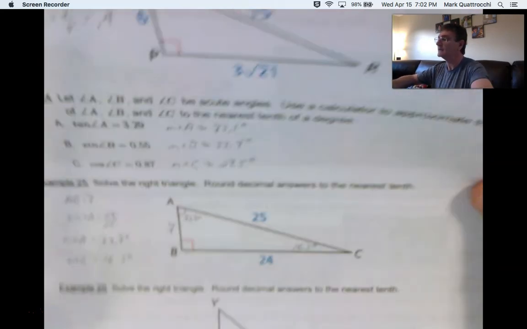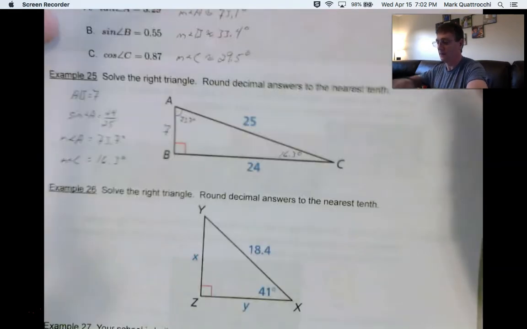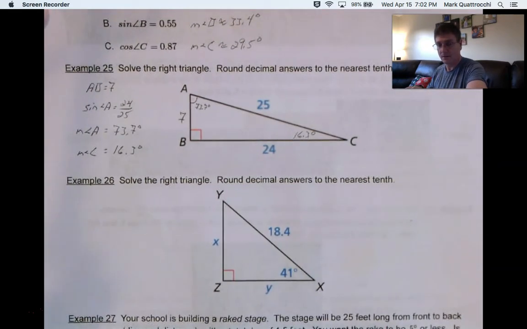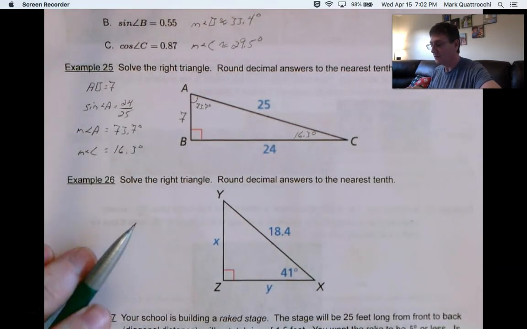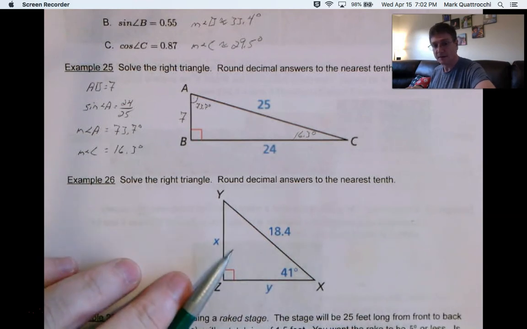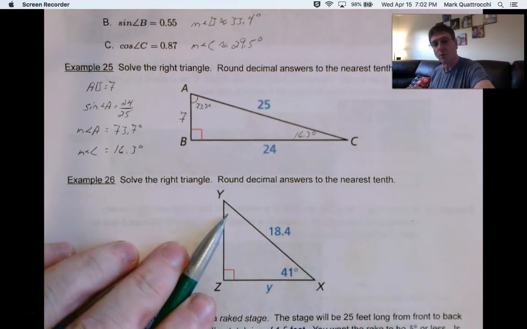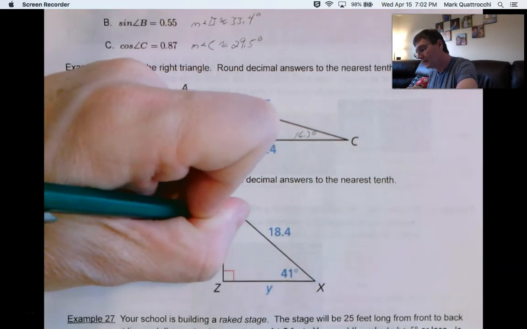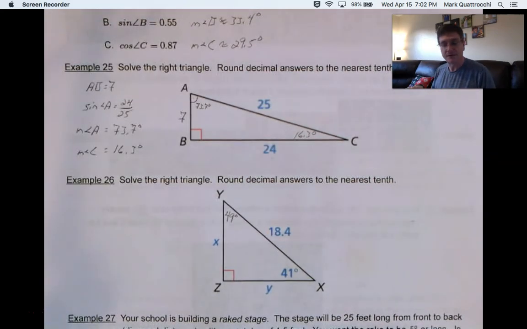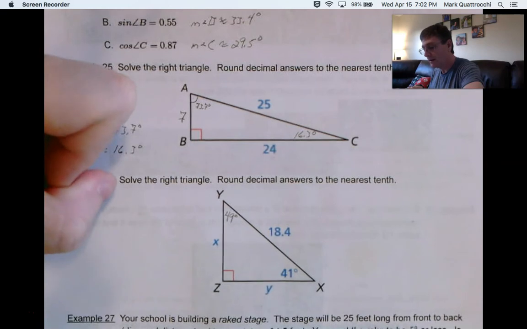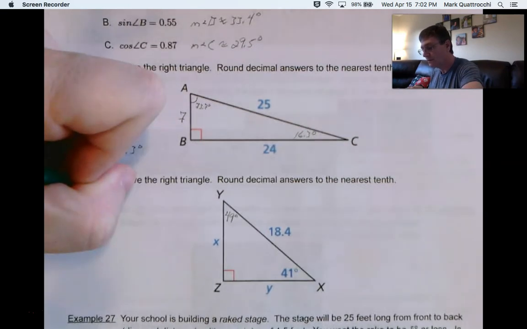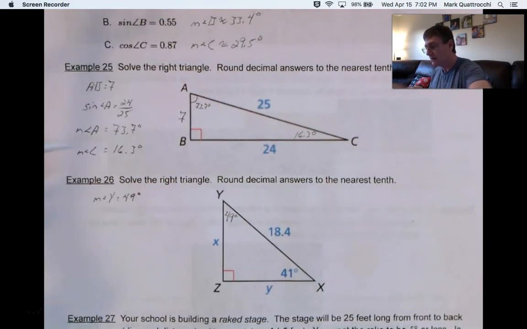Example 26. Solve the right triangle. Again, we're going to find the missing information. Find the value of angle y first. If this is 41 degrees, subtract that from 90. 49 degrees. So the measure of angle y equals 49 degrees.